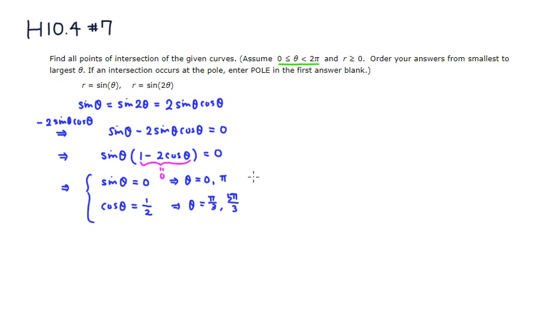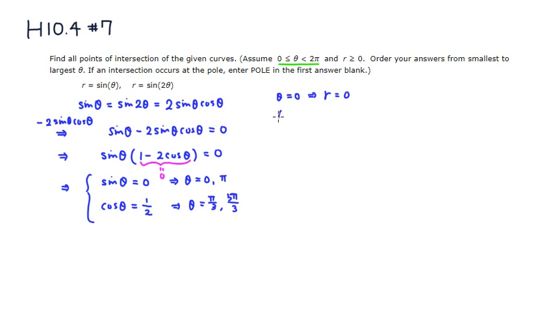Then let's find the r value for each one. If sine is 0, with theta equal to 0, then r is equal to sine of 0, so it's going to be 0, right? And theta equals pi is actually going to be the same place, because r is 0 too.